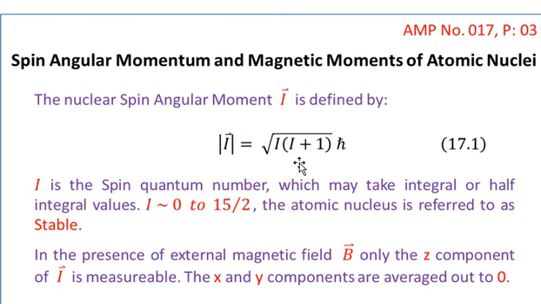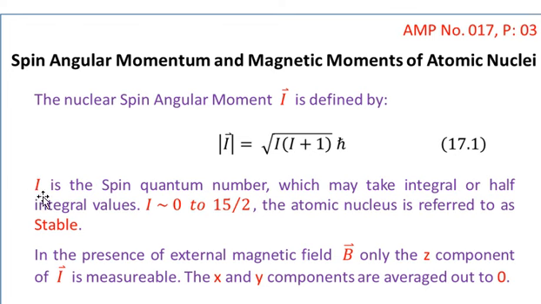So the spin quantum number is on the right hand side, and the magnitude of the spin angular momentum is on the left hand side, and these two quantities are associated with the nuclei.